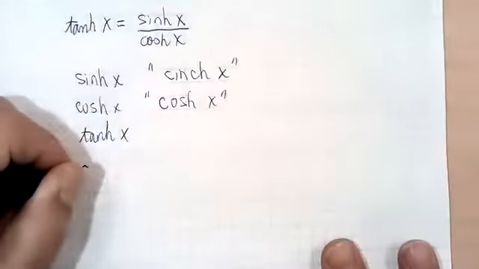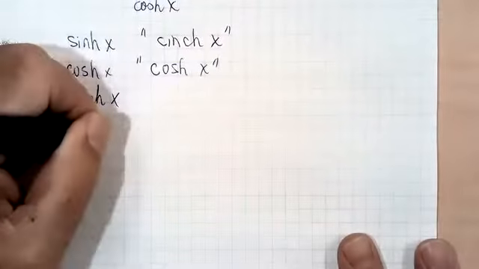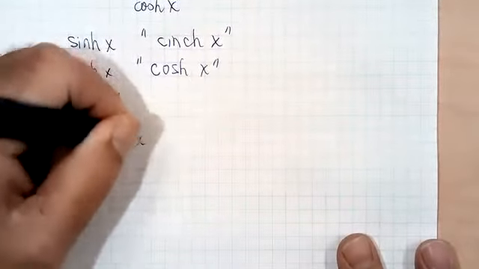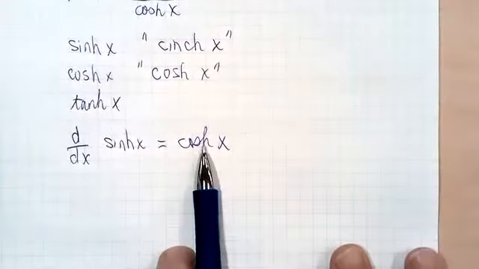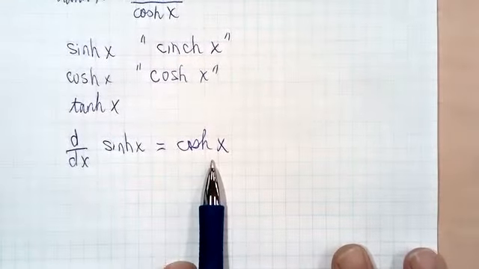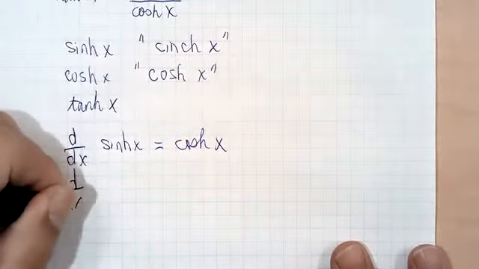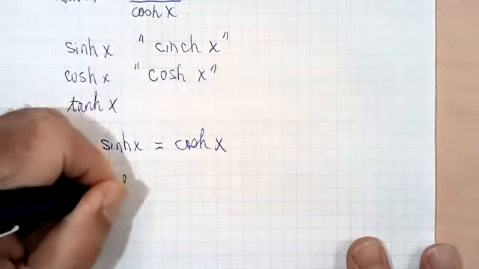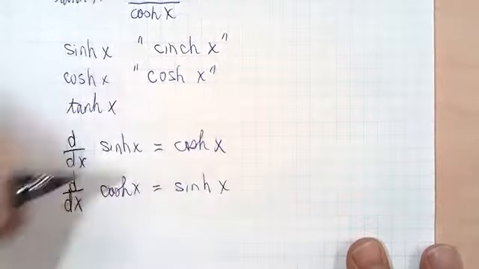But there's something you probably will like about them, and that is if you take the derivative of the sinh, you get the cosh. That's just like sine and cosine, right? Take the derivative of sine, you get cosine. But this one is a little bit nicer than the trig function. If you take the derivative of the cosh, you get the sinh, not negative sinh.